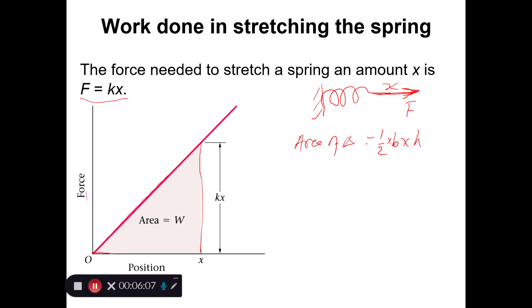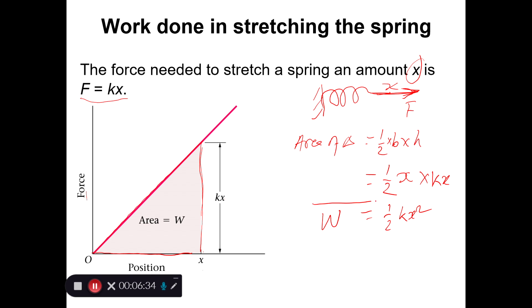The base is the displacement x, and the height is the force, kx. Multiplying them together, you get half kx squared, which is the area under the force curve, that is the work done.